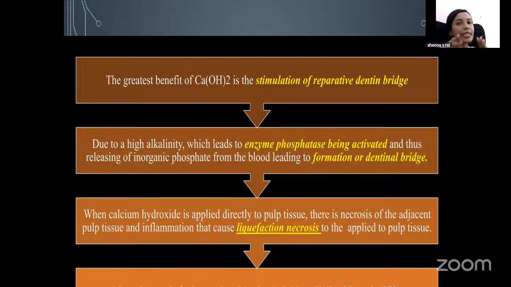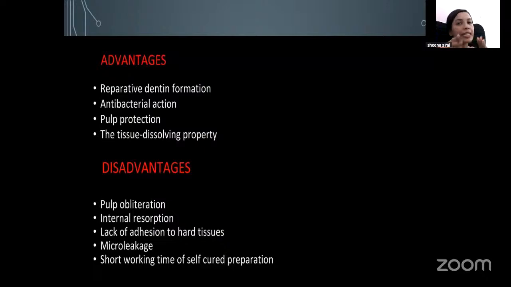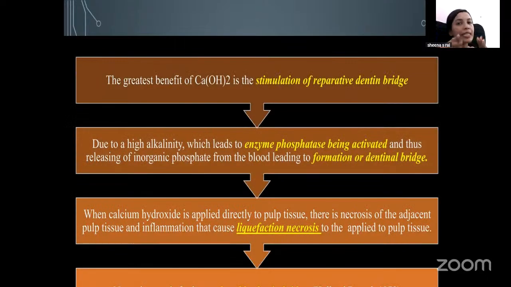What type of necrosis? This is another question that has been asked. The type of necrosis produced by calcium hydroxide when placed on the pulpal tissue is liquefactive necrosis. Because of liquefactive necrosis, it attracts osteoblasts, etc., that help in the formation of dentine. That is a very important thing to keep in mind.